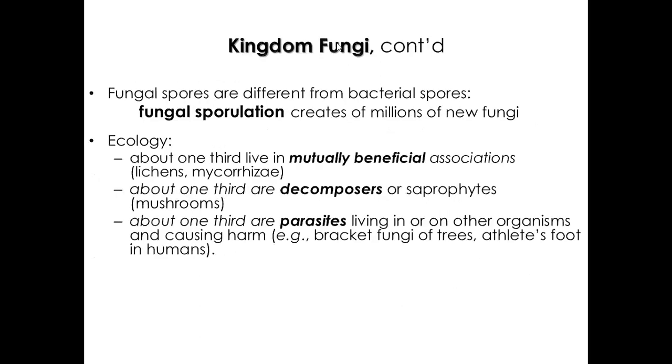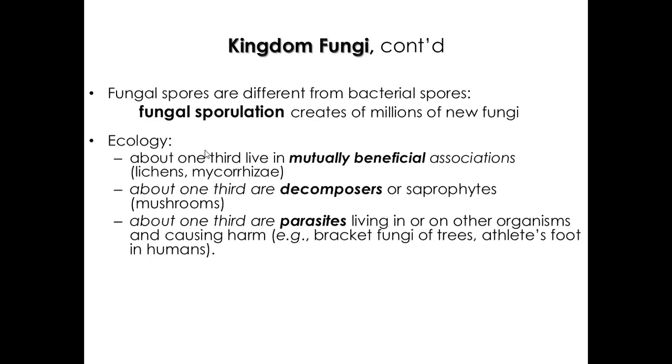All right, so fungi in general reproduce by making spores. Like I said earlier, that's different than those bacterial spores we talked about. These spores each will go on to form a new fungus. They're basically their offspring.